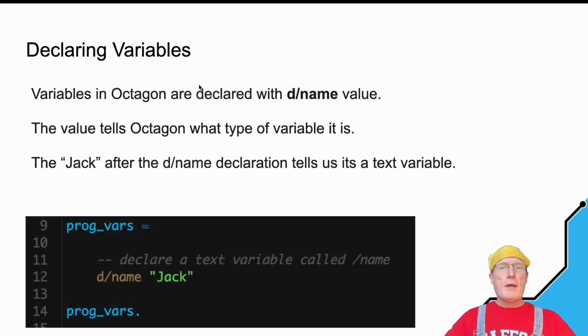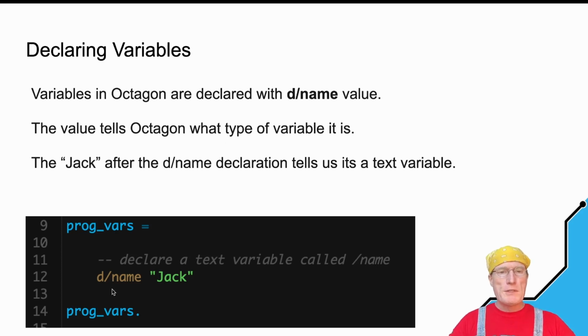And finally, before you can use a variable in Octagon, you have to do a thing called declaring it, which essentially means you're telling Octagon about that variable. So in Octagon, variables are declared by putting a D in front of the variable name. And then this is followed by the value. And the value tells Octagon what type of variable that's going to be.